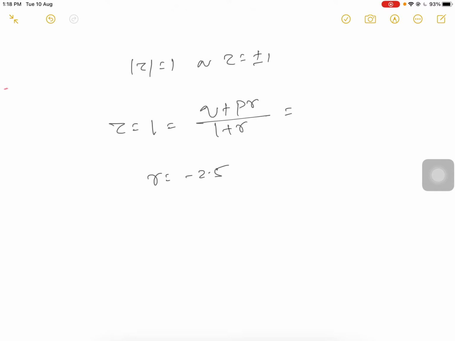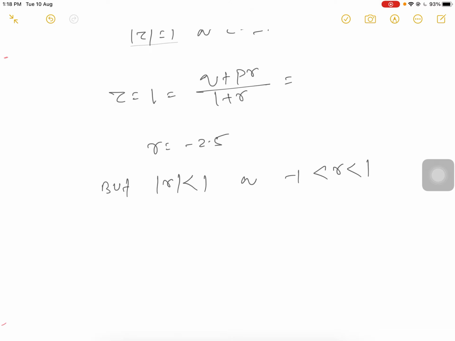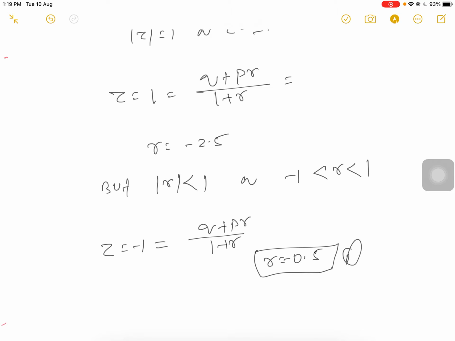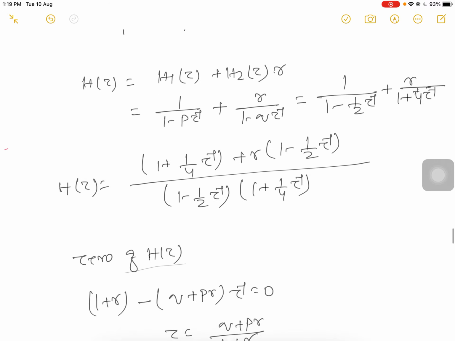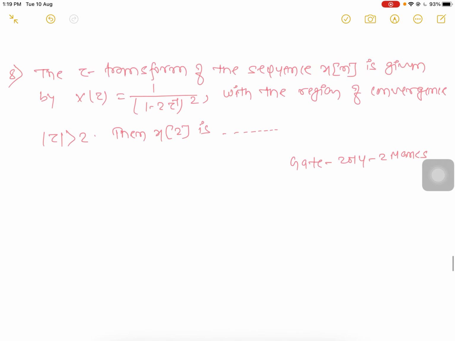But mod r is less than 1, that is, minus 1 to 1. So when you take z equal to minus 1 and simplify q plus pr upon 1 plus r, you will get r is equal to minus 0.5, and the answer will be minus 0.5. Okay, fill in the blanks.